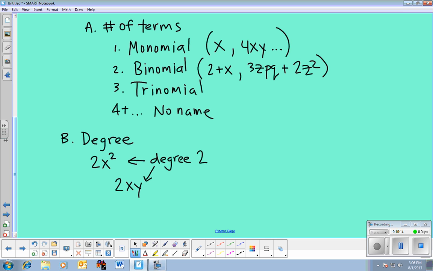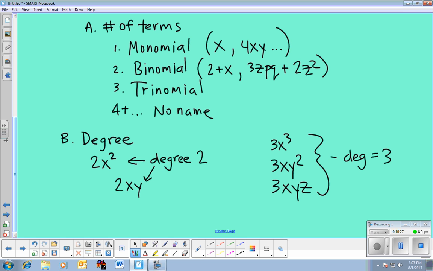Degree of 3 could be something like 3x to the third. It could be 3xy squared. It could be 3xyz. All of these, the degree equals 3 because there are 3 variables total.